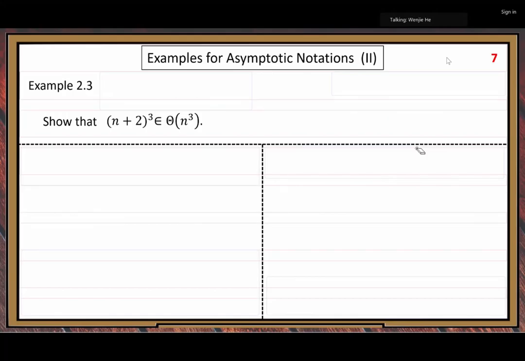So for this question, we can use two methods to prove it. The first one is a simple one, because for this big theta notation, we have a special way using the limit.